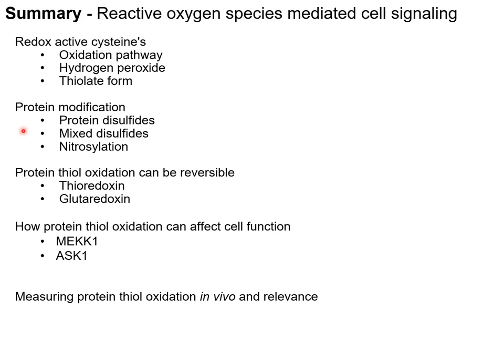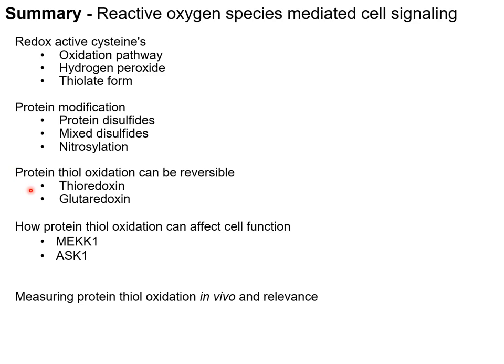I've discussed protein modification, the types of modification that you can get. So you can get protein disulfides, either intramolecular or intermolecular. We can get mixed disulfides, and I've also discussed nitrosylation as a mechanism for causing cysteine oxidation as well.